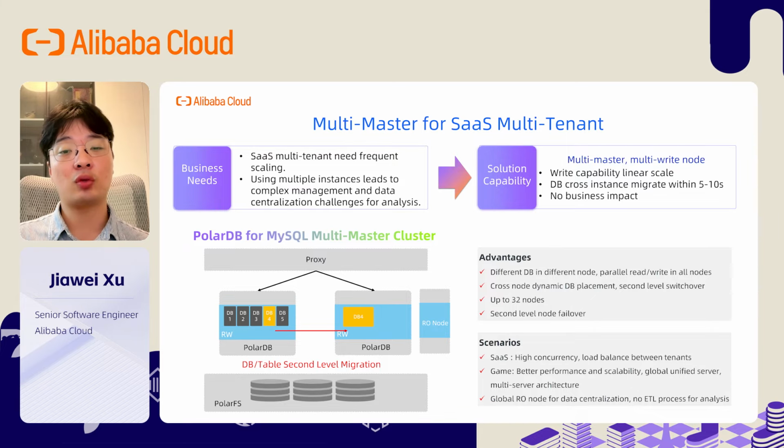The diagram shows how PolarProxy routes requests to multiple RW nodes. The key advantages include dynamic database placement across nodes, and support for up to 32 nodes. These advantages make it ideal for high concurrency SaaS or online game applications.